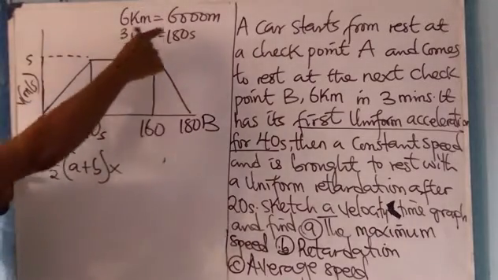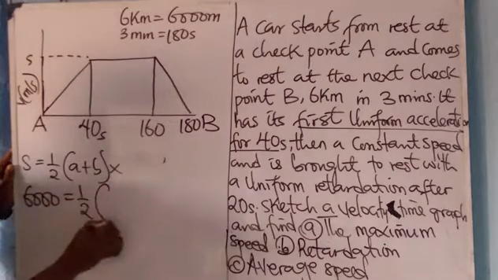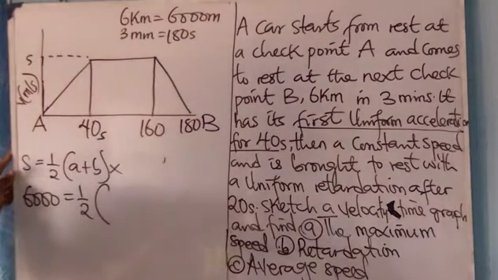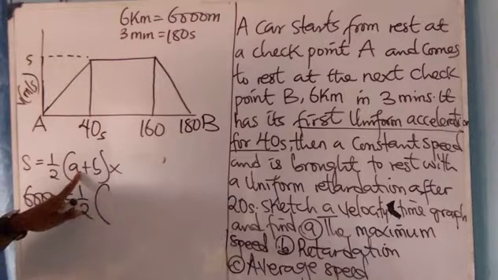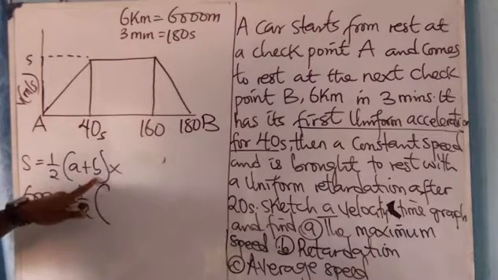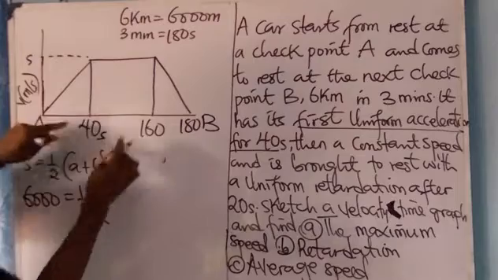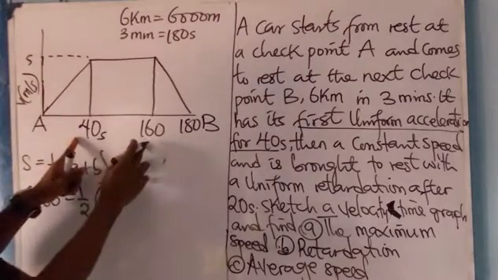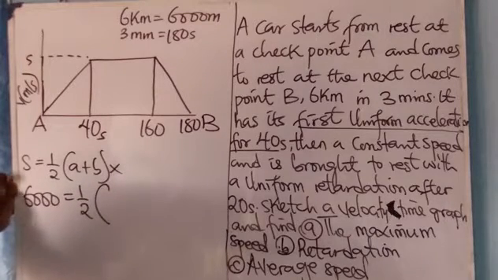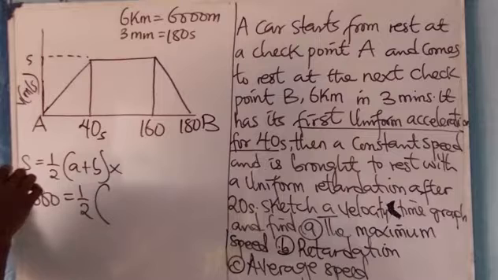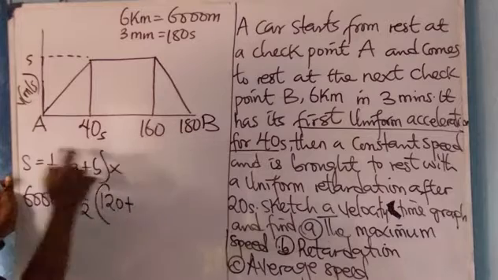So the distance is 6,000, 1 over 2, then a plus b, so this is going up. That is 40, like this. 180, 160 minus 40 will be 120. I'll have 120 plus 180.